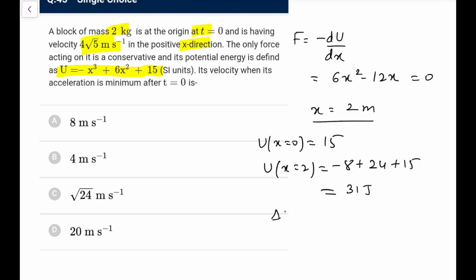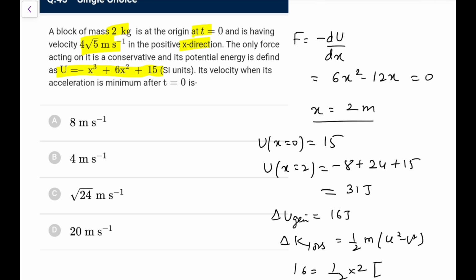So delta U, the potential energy gain, is 16 joule, that should be equal to delta K loss. So delta K loss would be half m into u square minus v square, typically you write. So 16 is half into 2, initial speed 4 root 5 whole square, that is 80 minus v square, so v square is 64, so v comes out as 8 meter per second. You can go for option A, another nice question to end the paper. Thanks for watching.